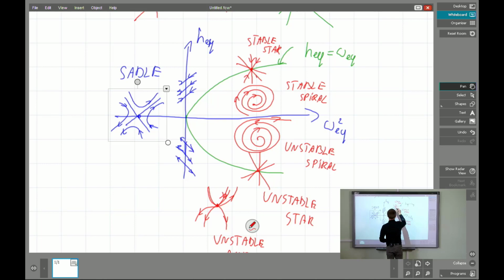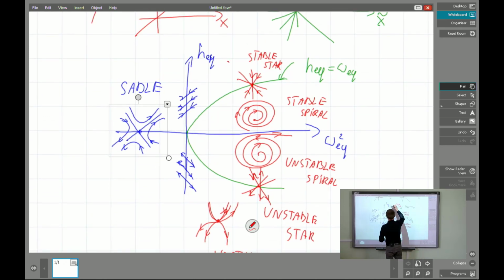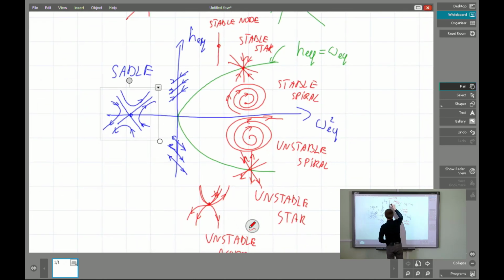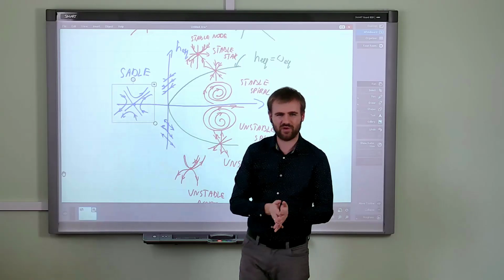Here we have the arrowheads in that way, here we have arrowheads outside, and here we have stable nodes. And it looks exactly like that, but the arrowheads have different facing, I mean, to the critical point.